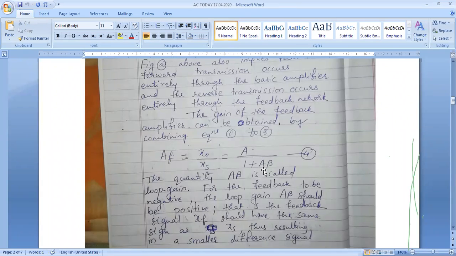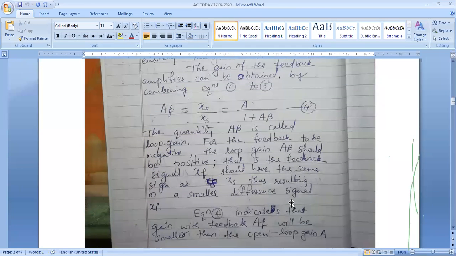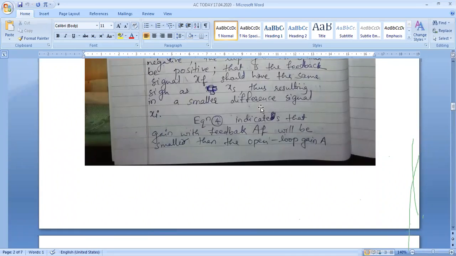Now if it is positive, then the difference signal Xi is smaller than the input signal here, and also the gain with feedback will be smaller than the open loop gain A. The difference signal is a smaller signal here, because XF is being subtracted from the source signal XS.